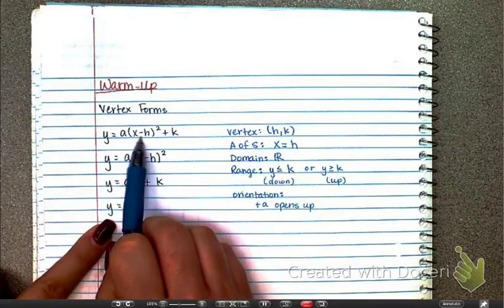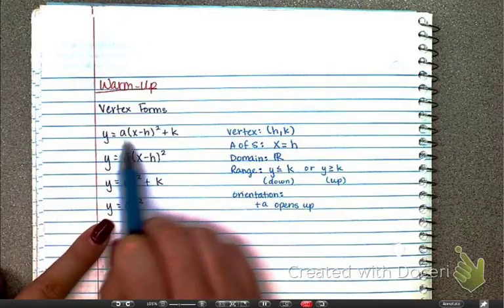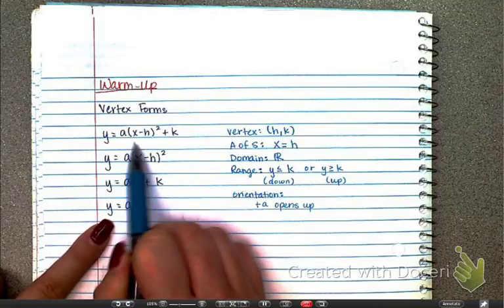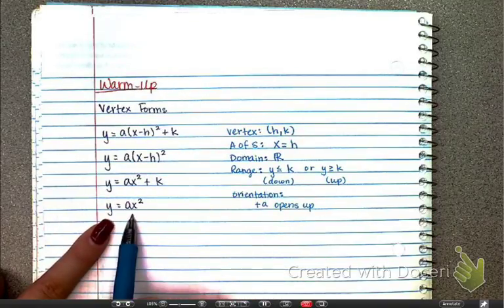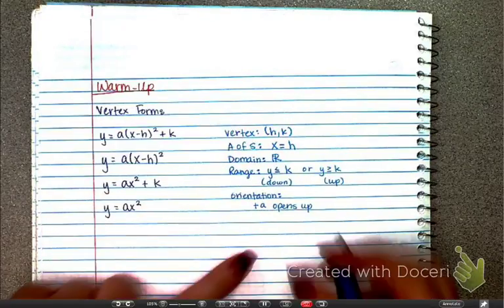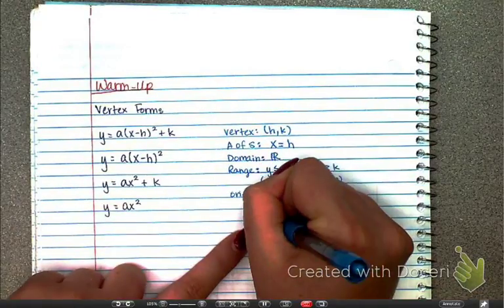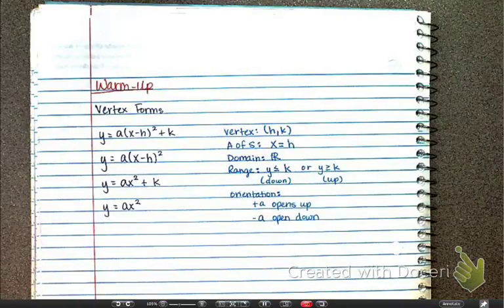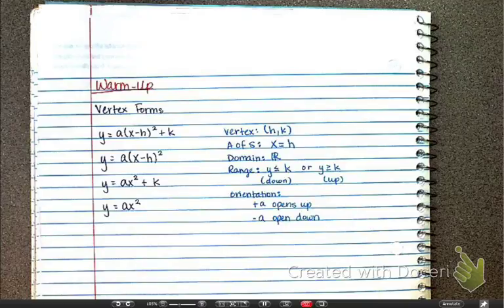So it's always in front of your squared term every single time. Okay, so it's either in front of the parentheses, but the parentheses is squared, or it's legitimately in front of your x squared term, the number in front. If it's negative, it opens down. You are only looking at positive and negative for orientation. You don't care what the number is.